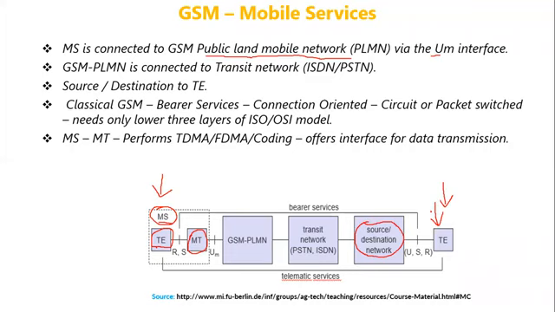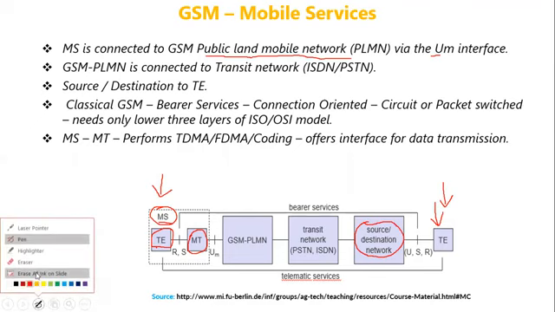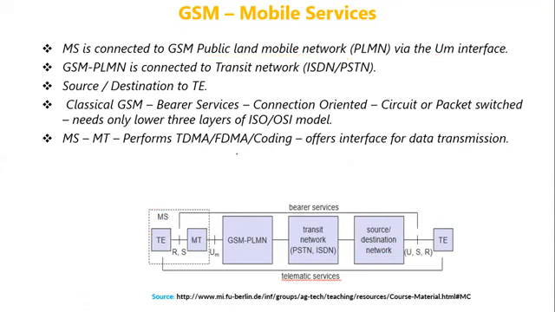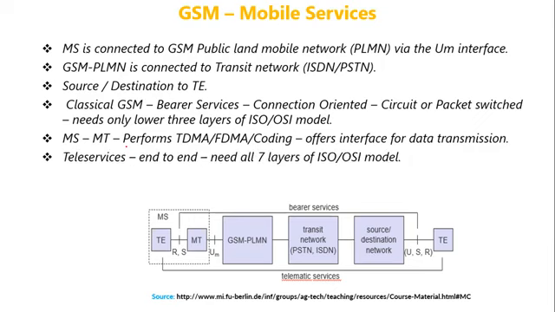In the mobile station, the MT, the mobile terminal, performs tasks like TDMA, FDMA, time division multiple access, code division multiple access, or any coding. All these things will be performed by the mobile terminal. It also provides the interface for data transmission.